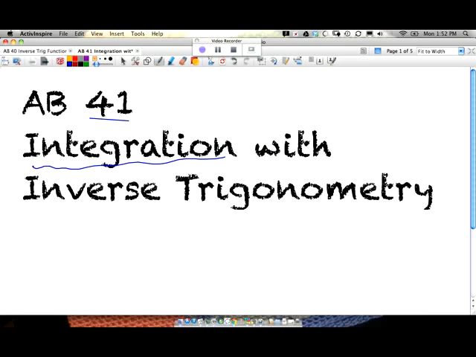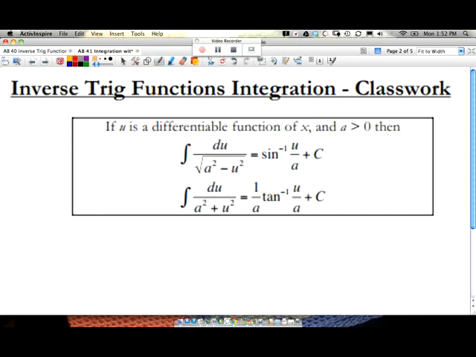So first, just a couple of things, and this came from this first one. If we were doing sine inverse of u, and we were talking about taking the derivative of that, we would get 1 over square root of 1 minus u squared times du dx.